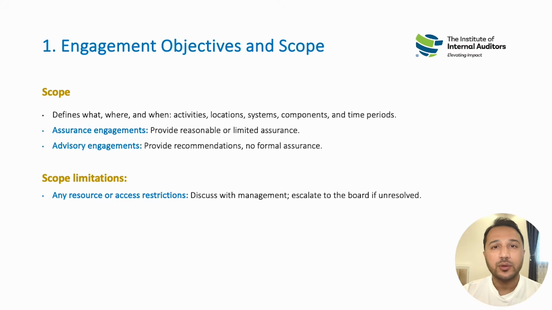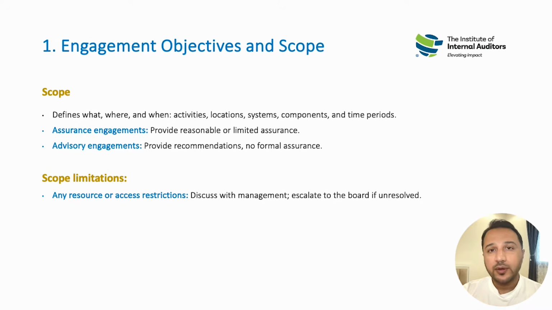We highlight those risks in the form of audit findings and give recommendations on how to mitigate them. Sometimes management has its own alternative controls, and we assess that too. This kind of engagement is primarily known as an assurance engagement.